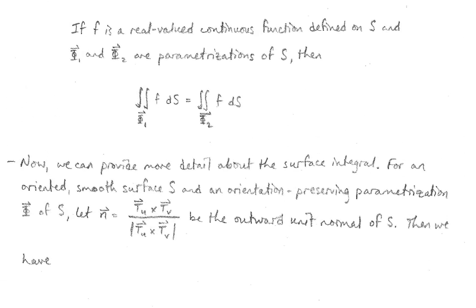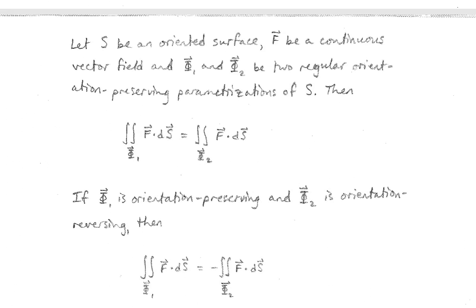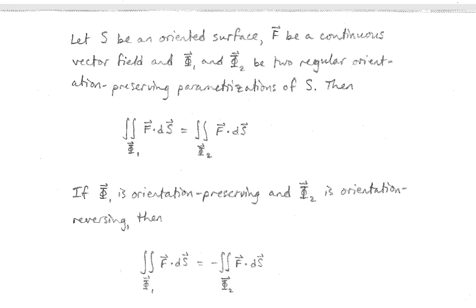Now, one quick note on how the parameterization and the orientation of our parameterization change the end result of the integral of a vector field across a surface. Very similar to how the orientation impacts our integral over a vector field along a curve.